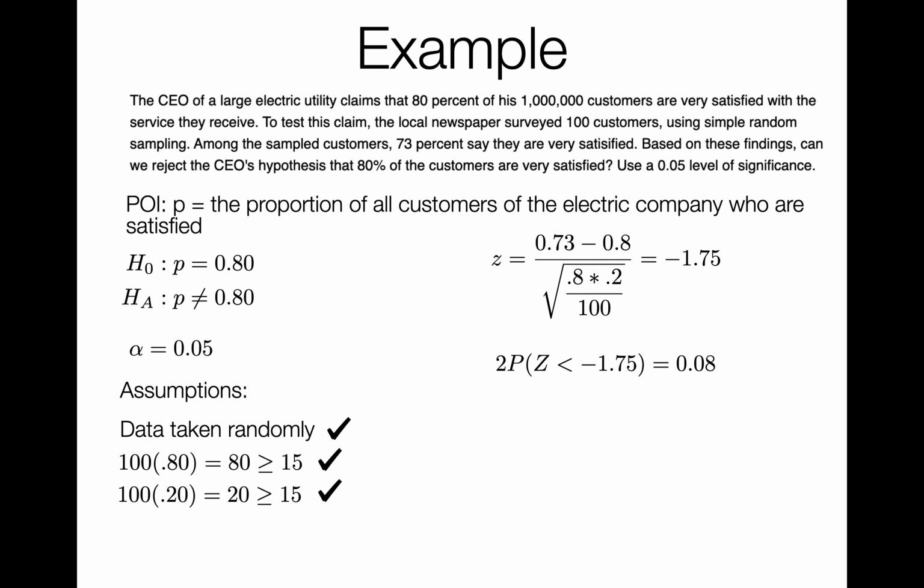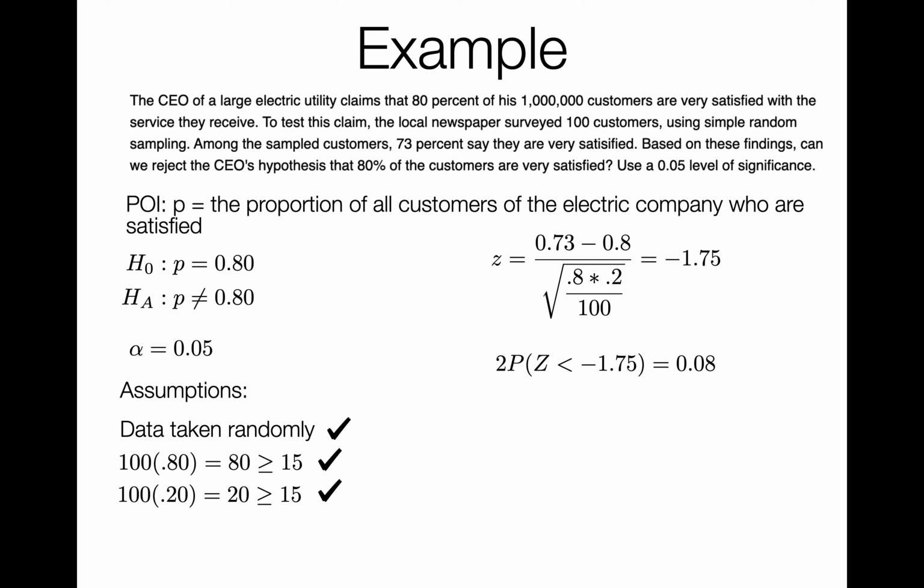Then we move to the p-value, step 6. I put in the z of negative 1.75, and I say 2 times the probability that z is less than negative 1.75. You'll notice that it was less than, before I said it was greater than.